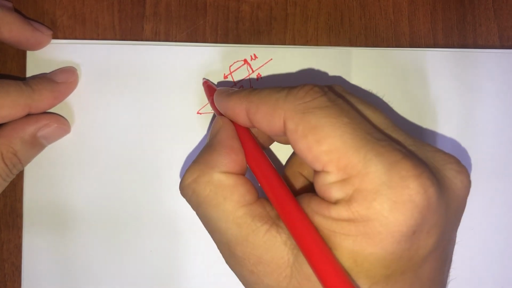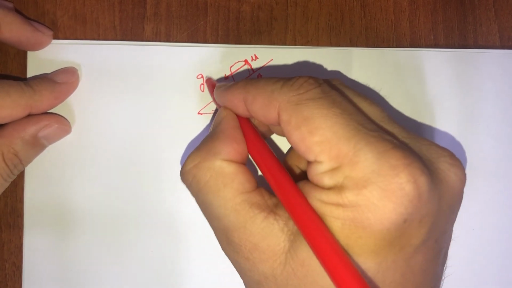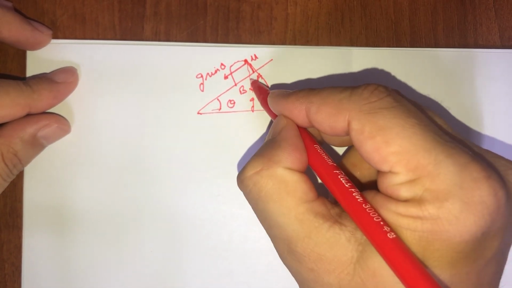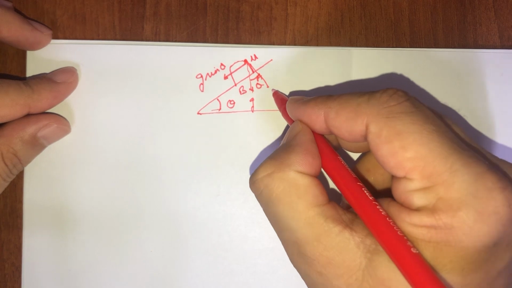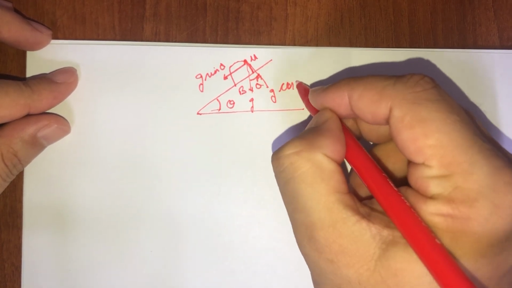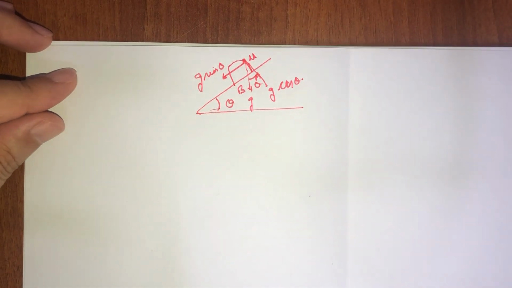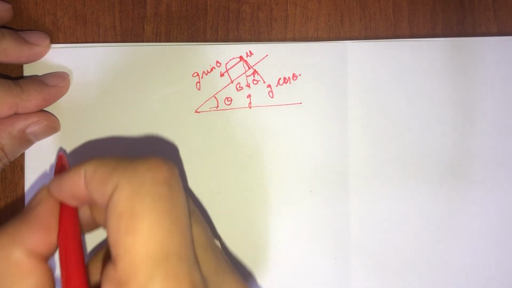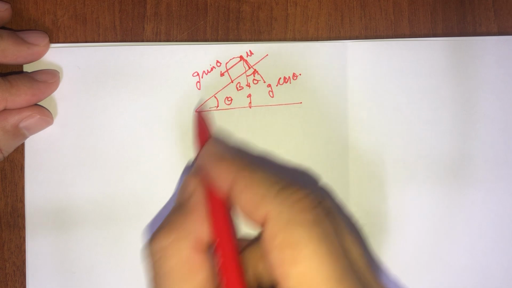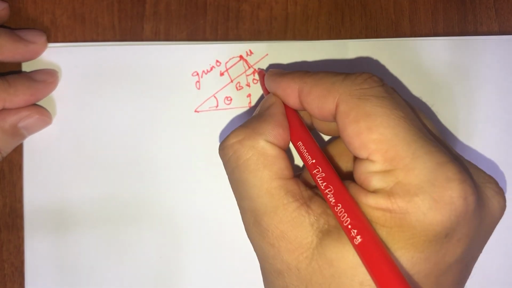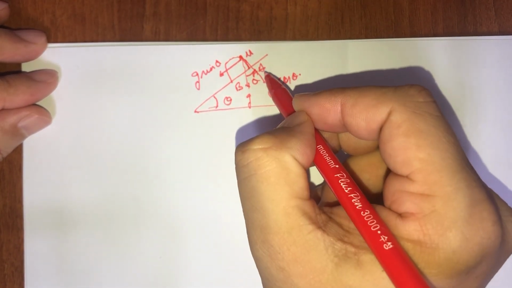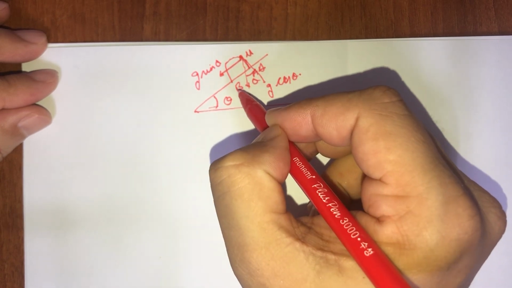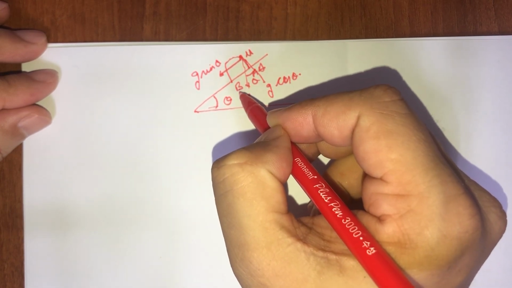This component will be called g sin theta, and this component, at angle theta, will be called g cos theta. This is point A. It is projected from point A with a vertical velocity u, and it strikes the plane the first time at position B.